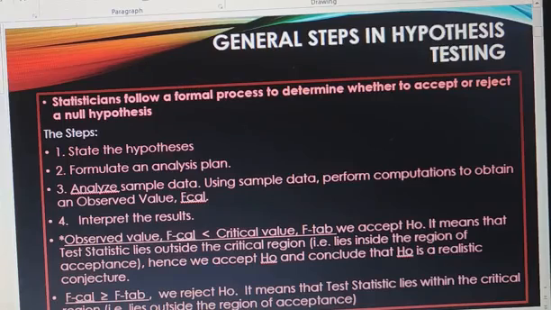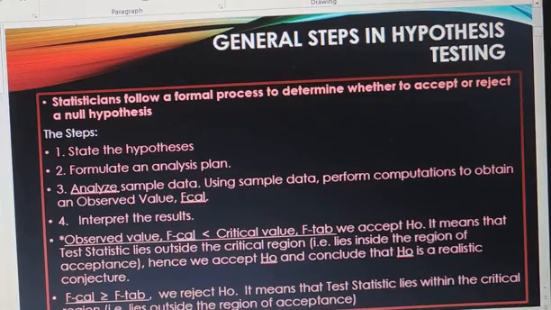Given a test statistic and its sampling distribution, a researcher can assess probabilities associated with the test statistic. If the test statistic probability is less than the significance level, the null hypothesis is rejected.